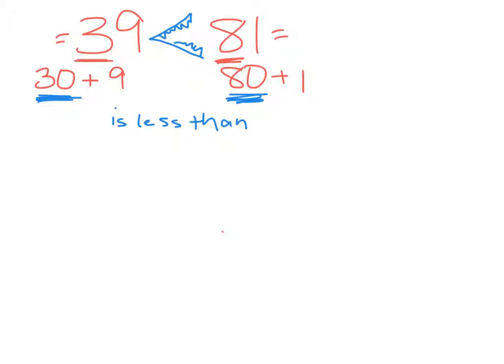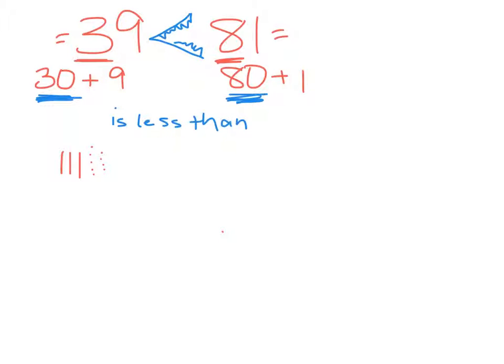Another way I can do this is I can look at these numbers with base 10 drawings. So 39 in base 10 drawings would be 3 tens and 9 ones.